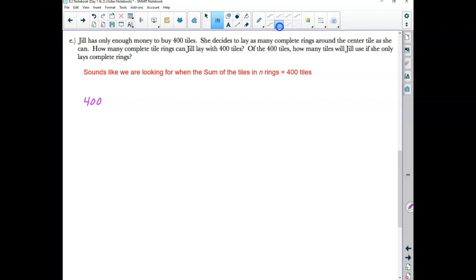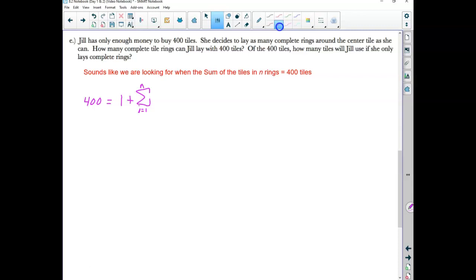So that's going to equal how many rings can she make? Well, don't forget, we have one ring for my center tile plus the sum from i equals 1 to n, because I don't know how many there are.